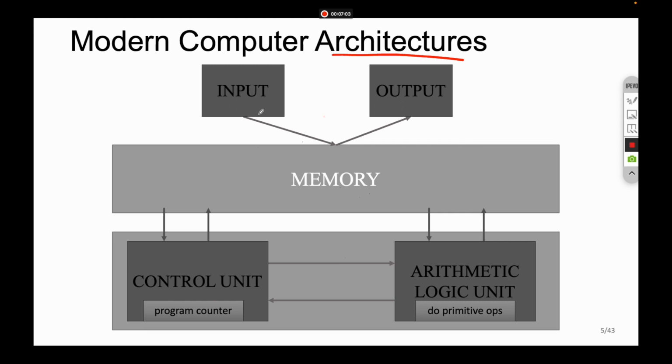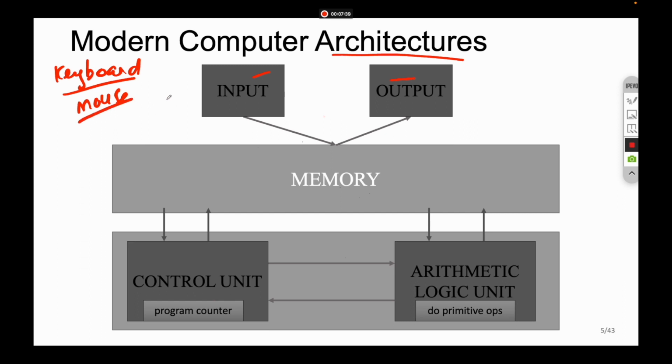The first part of computer architecture is input, and then we have output. Input is your keyboard. You can type in something, for example a number, a word, or a sentence using your keyboard, or you can use the mouse to transmit your own information to the computer.